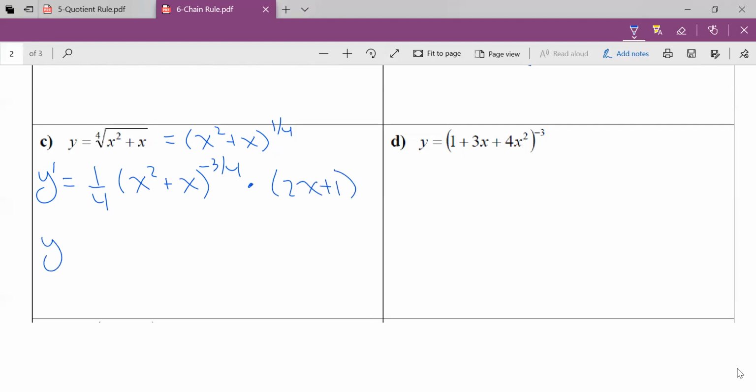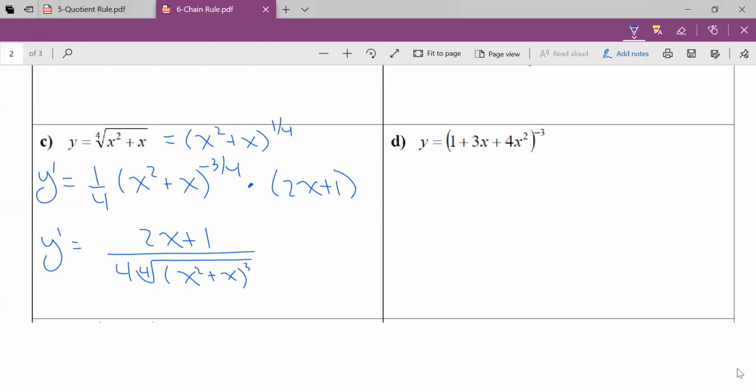And then to simplify, I'm going to have the 2x plus 1 in the numerator. The fraction 1/4, there's my 4. And now what I'm going to do, and I'll write this one as a radical, why not? It's the fourth root of x squared plus x cubed. Look at that nastiness, right? There it is. There's the derivative of that one.